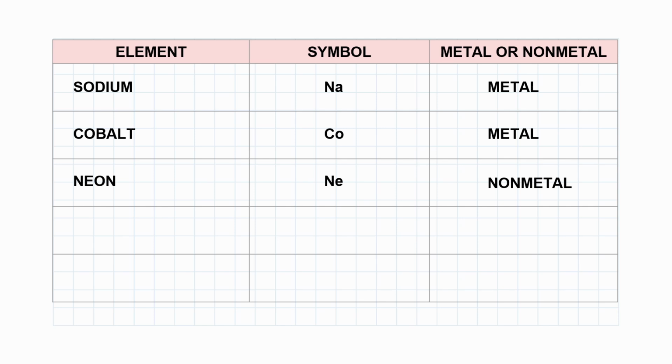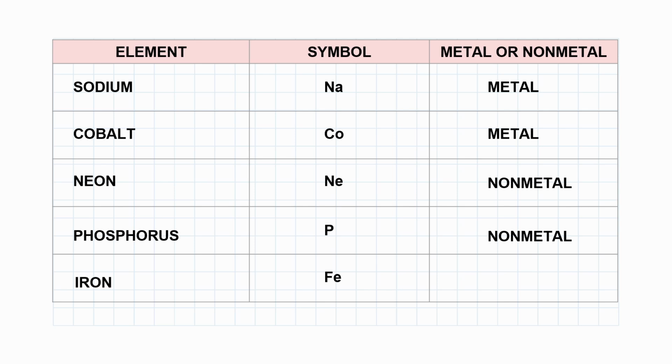Let's try P, which is phosphorus. Phosphorus is a nonmetal, and it's found in matches and even in our DNA. Lastly, we have iron.